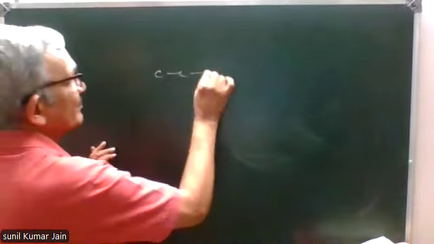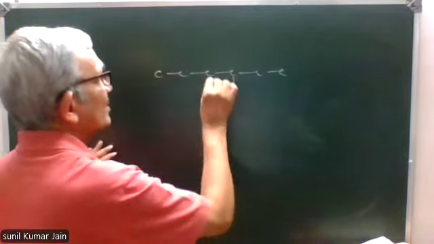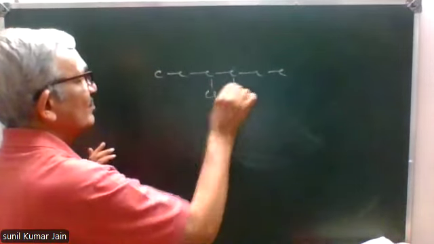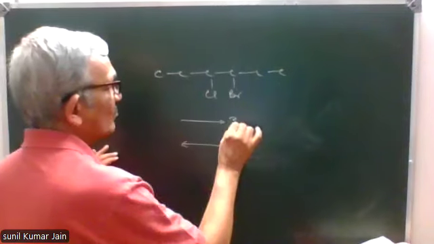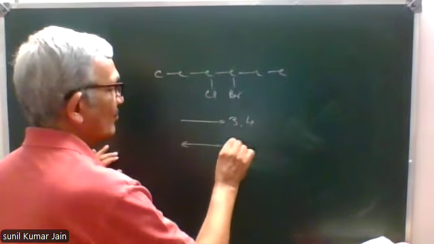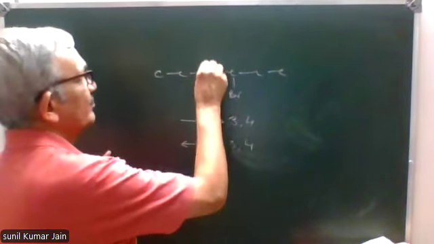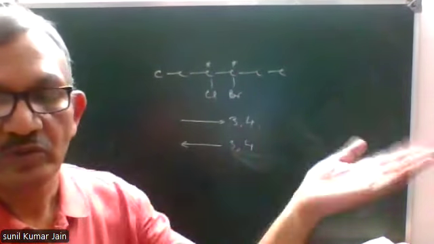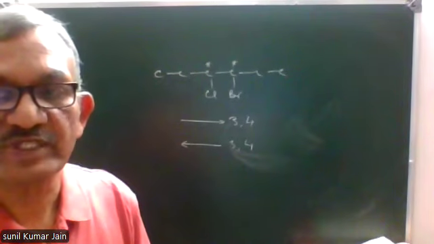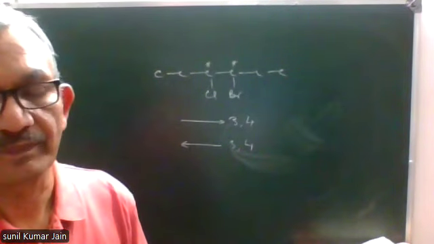For example, these are 2 locants. You count in any direction, their positions are 3 and 4, 3 and 4.